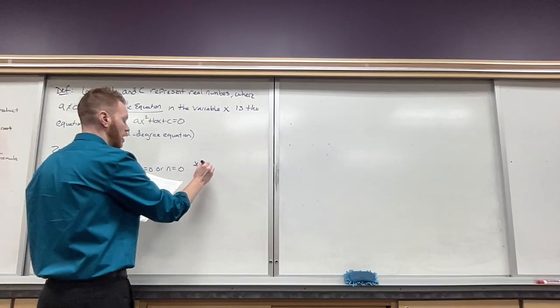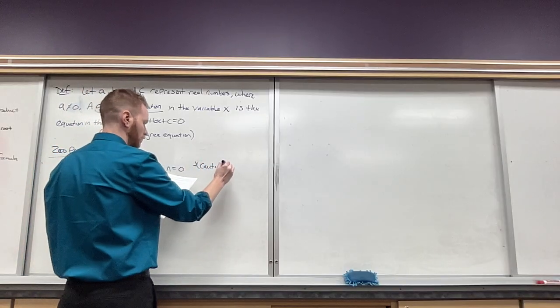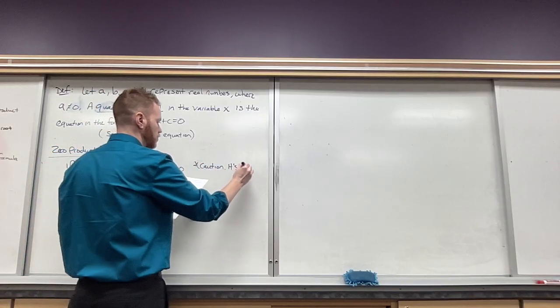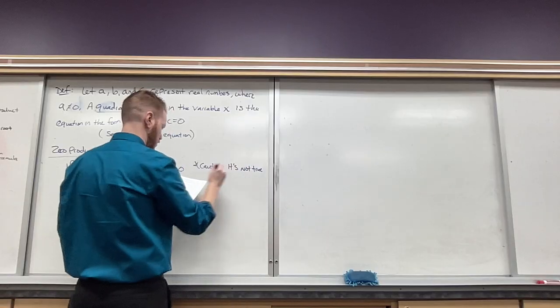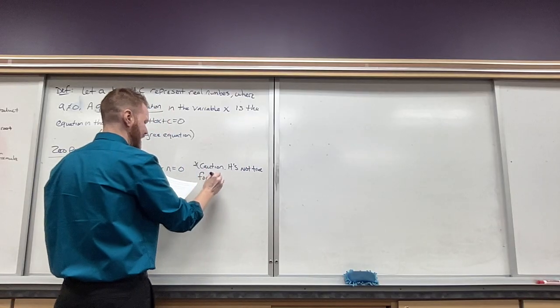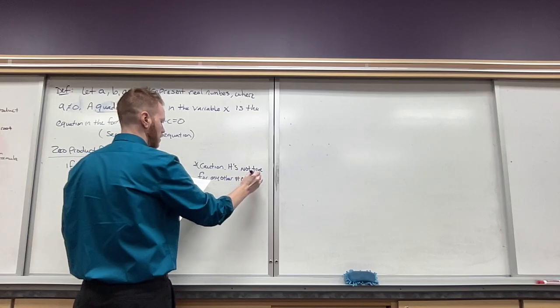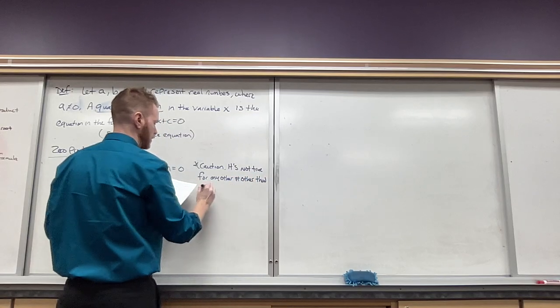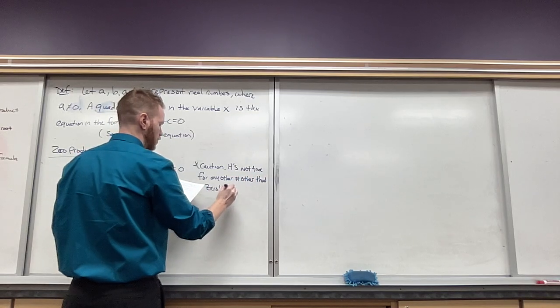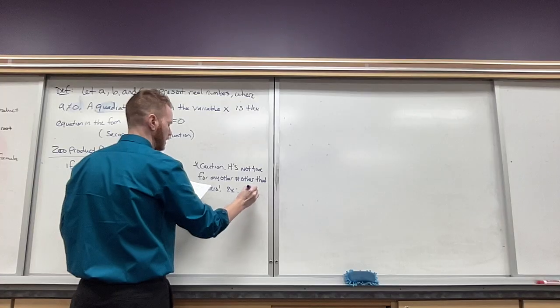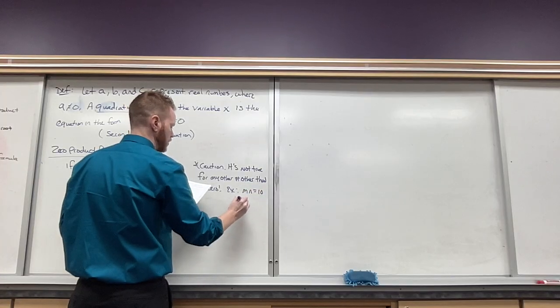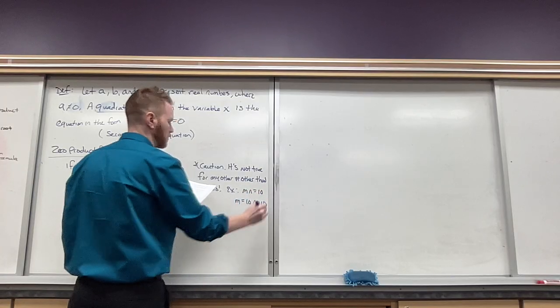I want to put up here caution. It's not true for any other number other than 0. So for example, if it was m times n equals 10, it's not m equals 10, n equals 10.